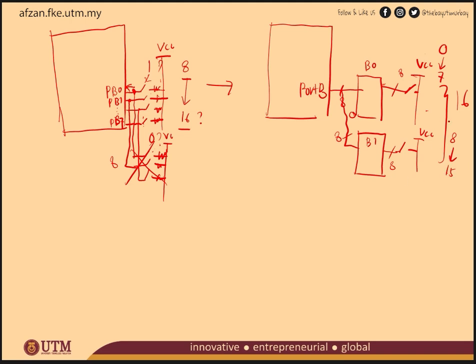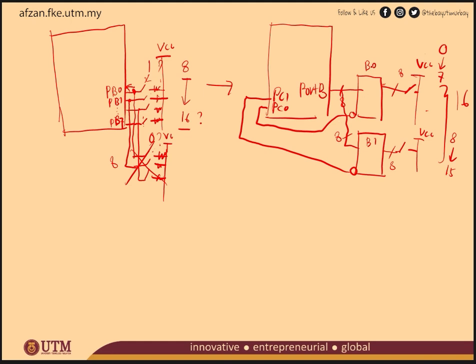How do you read the data from switch 0 to switch 7 and switch 8 to switch 15? In order to do that, you need to do some programming. This one goes to PC 0, and this one goes to PC 1. So this is your control input.